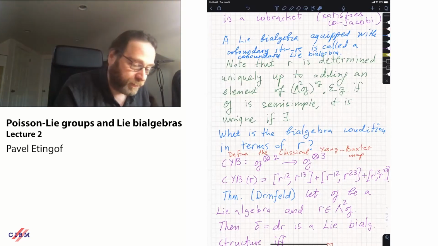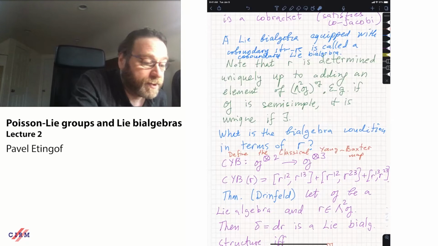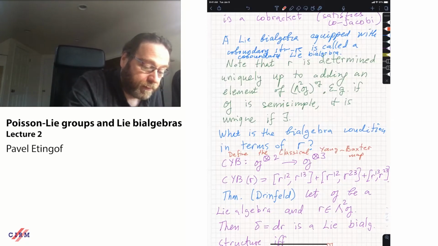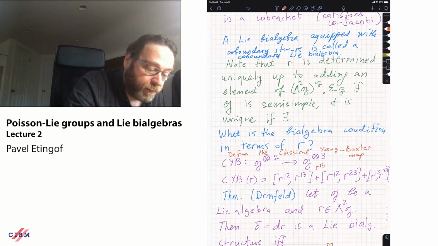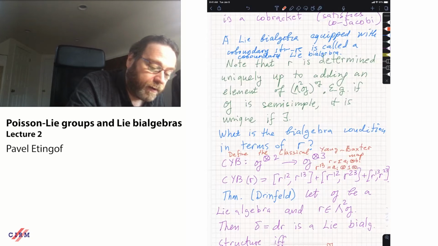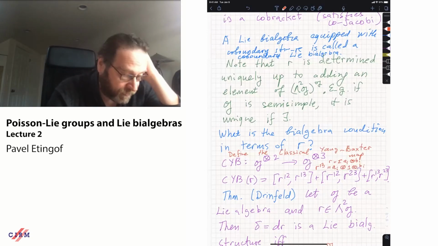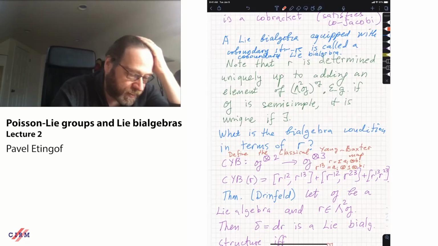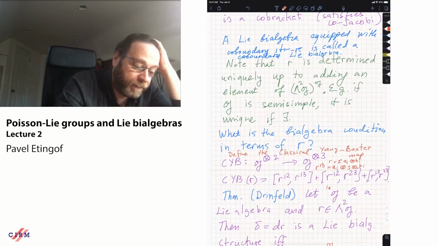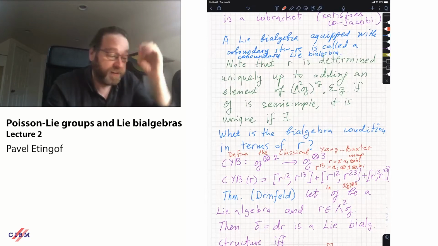And so here, what do I mean by these things? So for example, if R is the summation of a_i tensor b_i, then R13 is the summation of a_i tensor 1 tensor b_i. You should view this as taking place in the enveloping algebra of G cubed, but it actually ends up being in just G cubed.